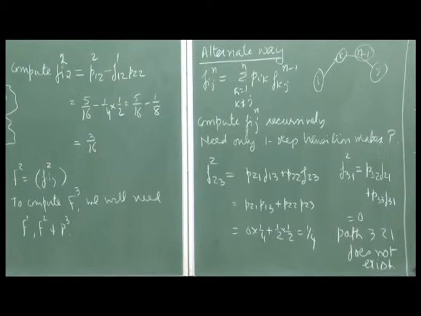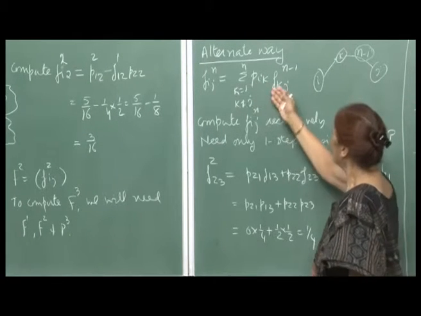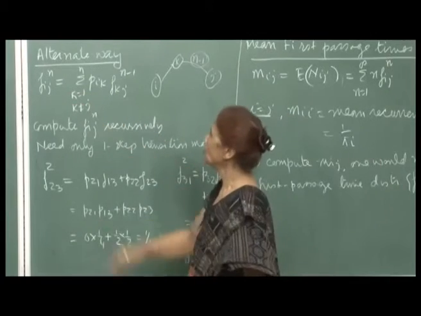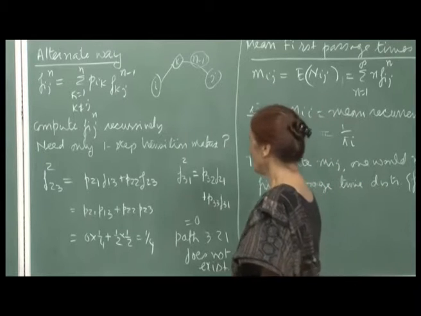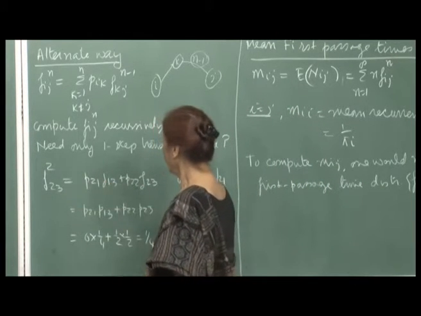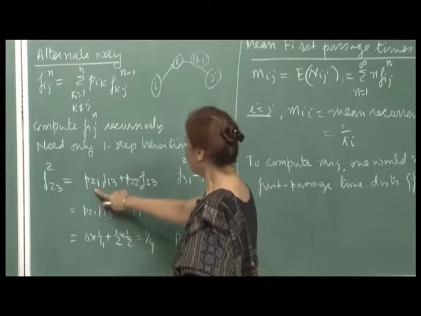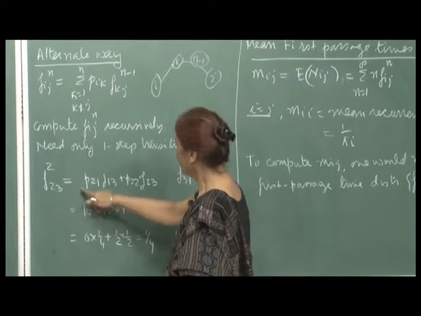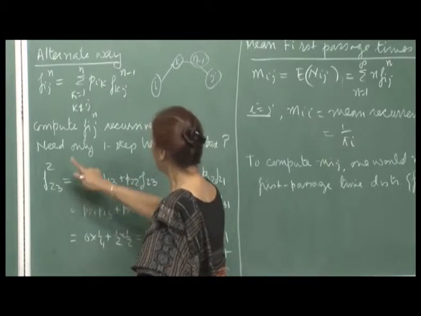Okay. And now, here we just need the one step transition matrix P, and of course, we are computing all of these f_kj before I compute f_ij(n). And so, here again, just doing the same exercise. If you want to compute f_23(2), then this will be simply p_21 f_13 plus p_22 f_23. Remember, your k cannot be 3, so k can take the value 1 and 2.